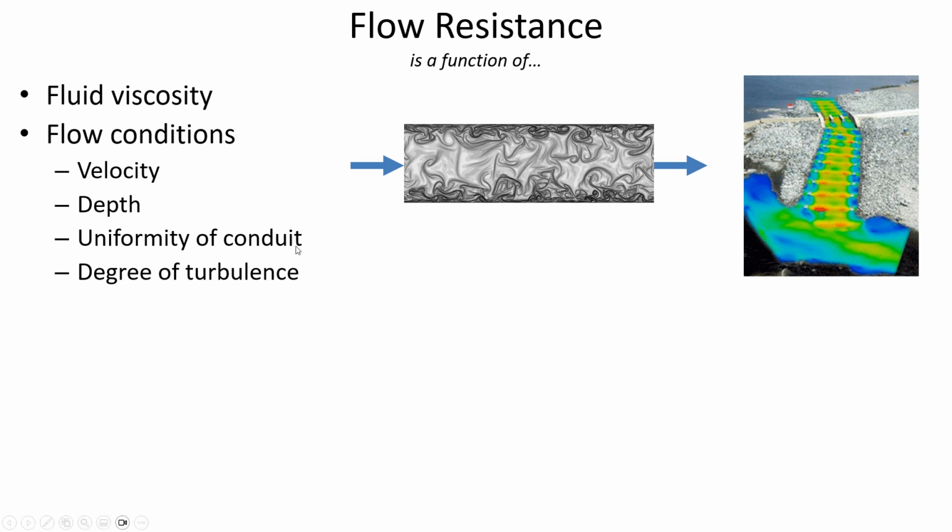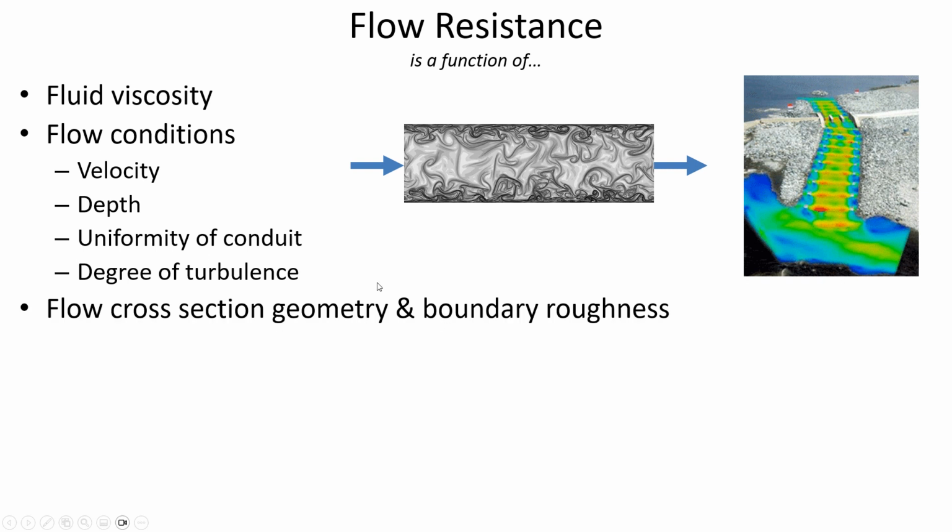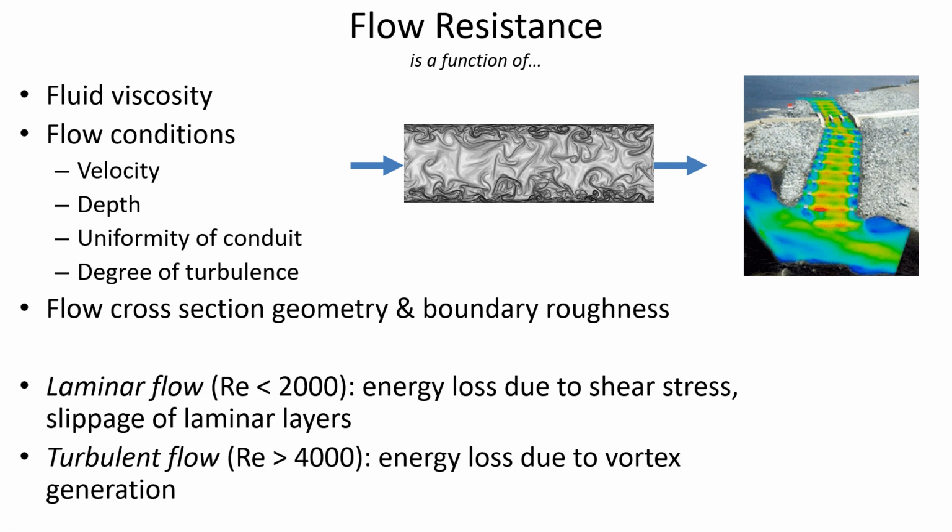The uniformity of the conduit. If the conduit is smooth like a drawn plastic or glass, then the water can slip over that with less resistance than if it's a coarse iron or a corrugated steel that has a lot of roughness. So it can also depend on the geometry, whether you have a really narrow channel or a wide channel.